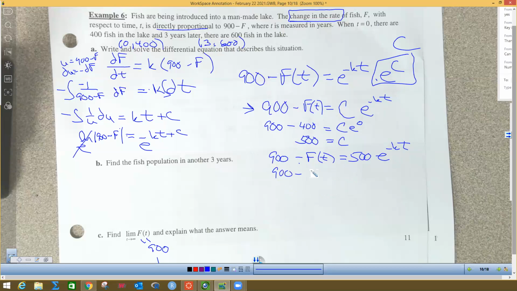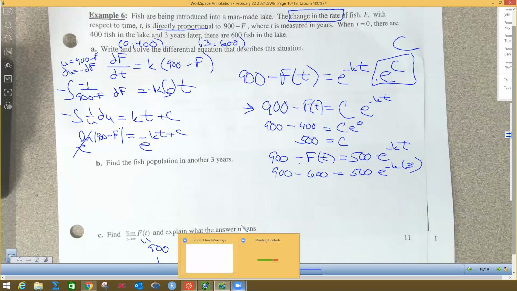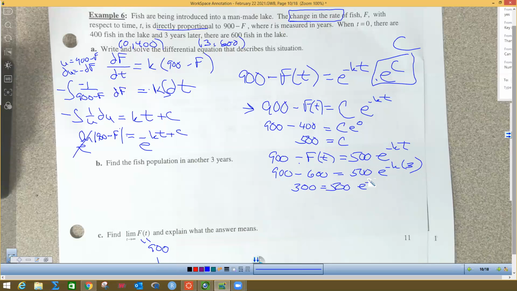So 900 minus 600 is going to equal 500 e to the negative k times 3, plugging that in for t. So I get 300 is going to equal 500 e to the negative 3k power. I divide by 500 and get 3/5, or you can put 0.6 if you want, is e to the negative 3k power.